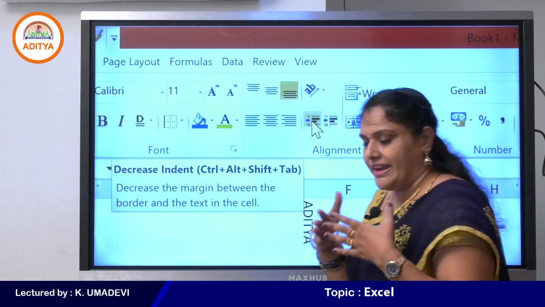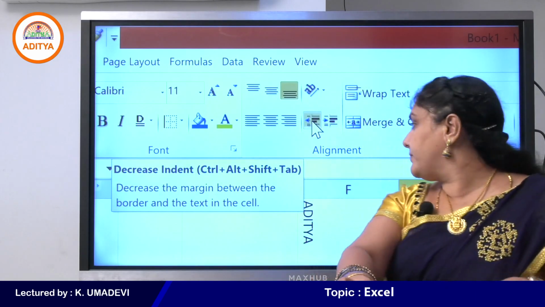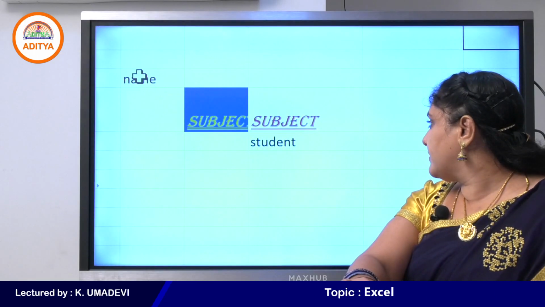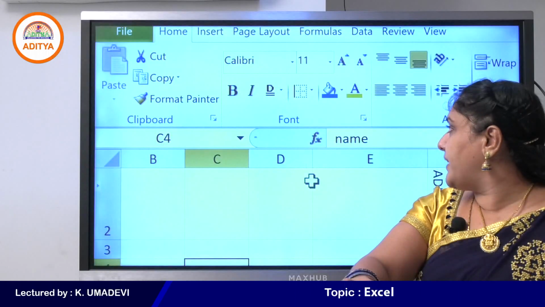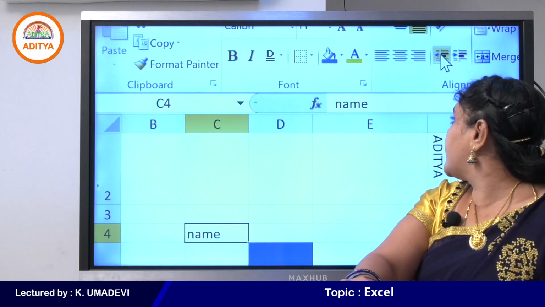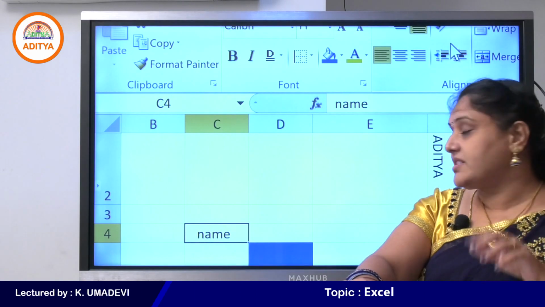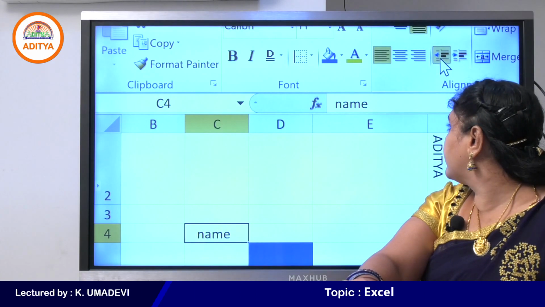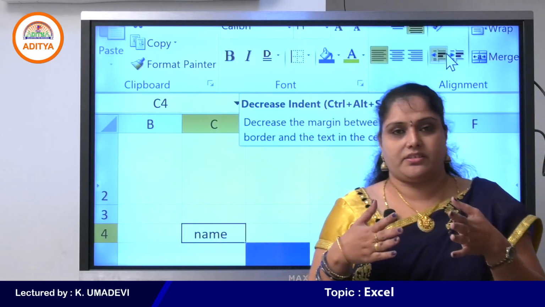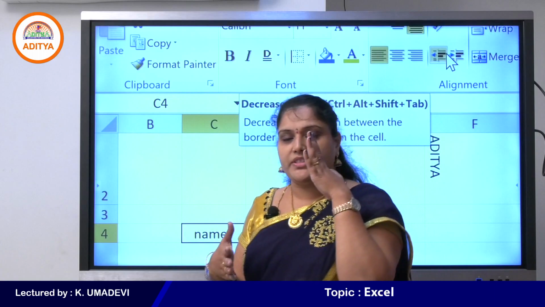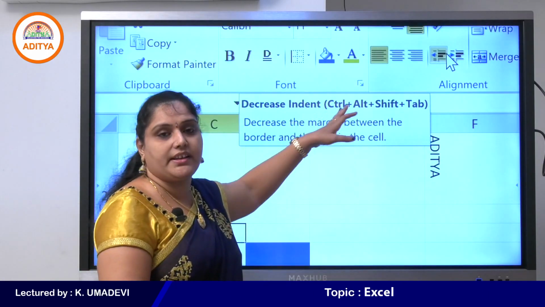See, if you want to adjust the text inside the cell, here I'll select the name data. Just click on it, just observe the cell, students. If you want to provide space between the cell border and the text, simply go to the increase indent and decrease indent buttons.